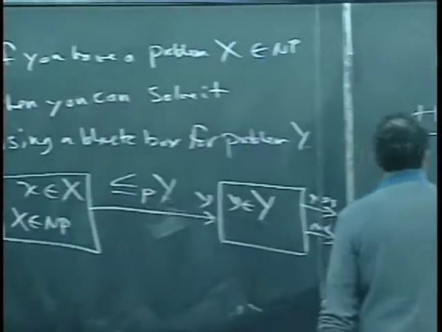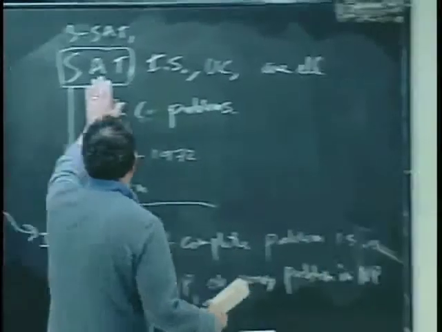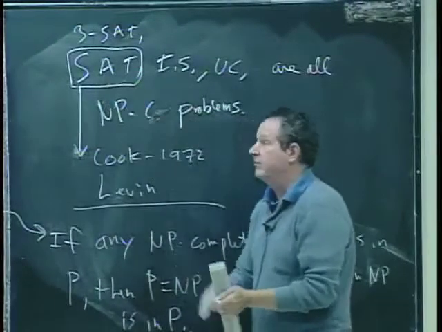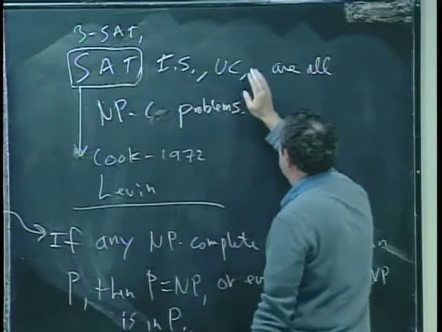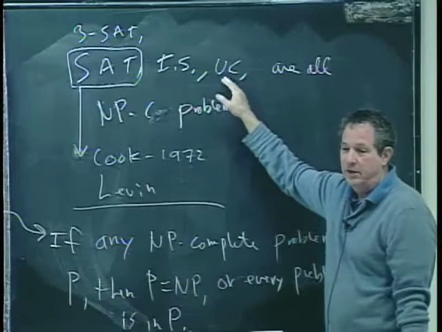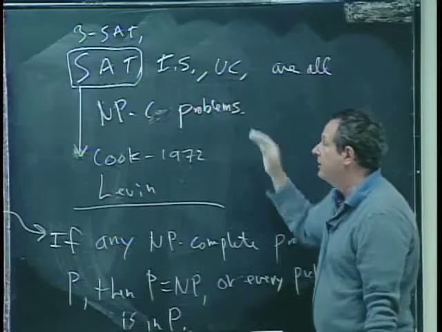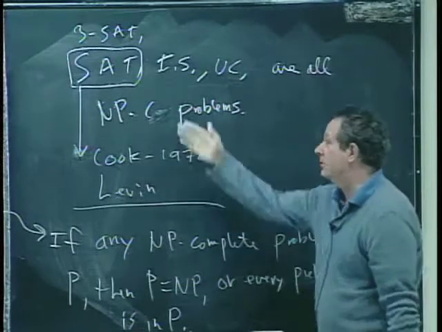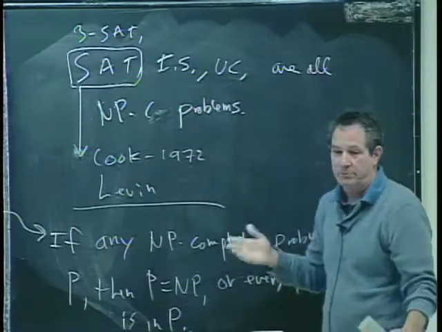So let's say you spend a lot of time trying to find a polynomial time algorithm for SAT, and you fail. And I spend a lot of time trying to find a polynomial time algorithm for vertex cover, and I fail on that, all right? Now, at first you may say, well, that's two separate efforts. You were looking at SAT and I was looking at vertex cover, and we both fail.